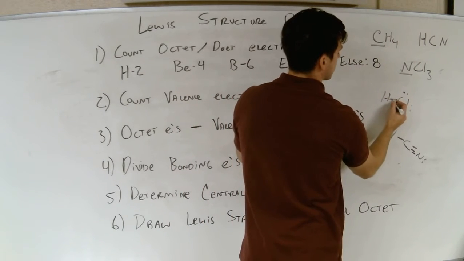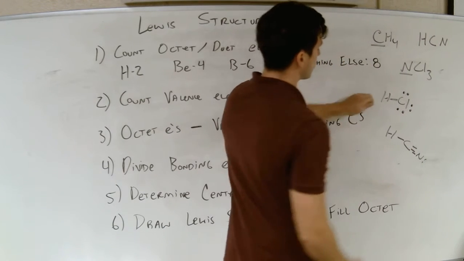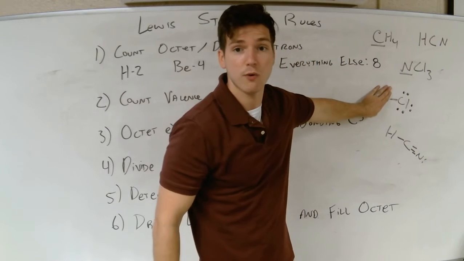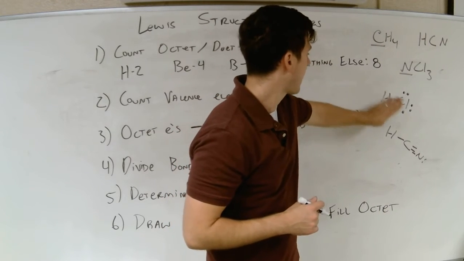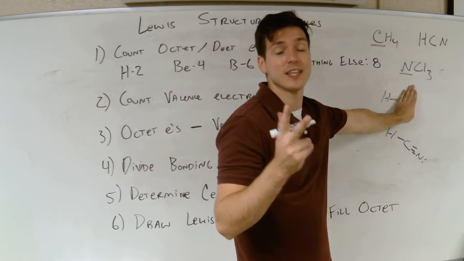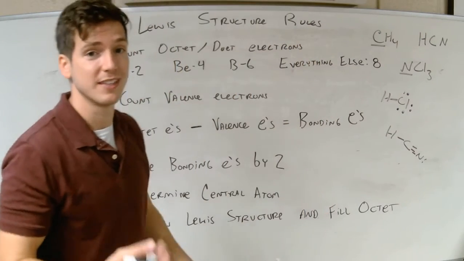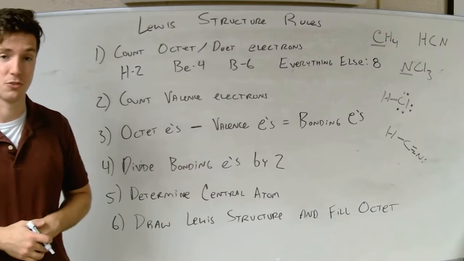Remember, the bond counts as 2. A lone pair counts as 2 electrons. That's good because chlorine likes to follow the octet rule. Hydrogen is surrounded by 2 electrons. That's good because it follows the duet rule. We'll go more into that when we draw these Lewis structures.